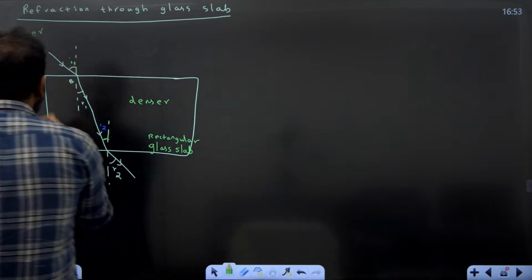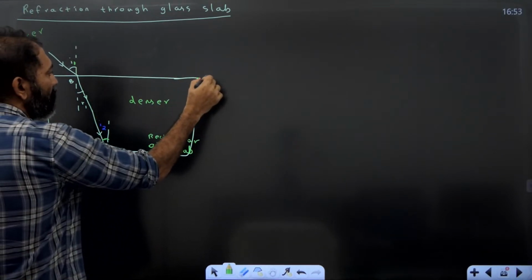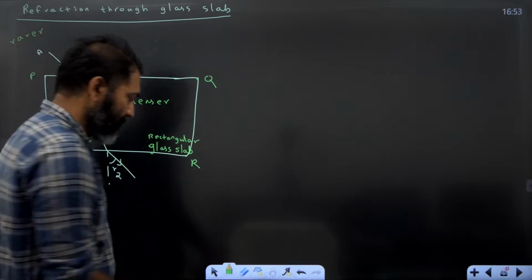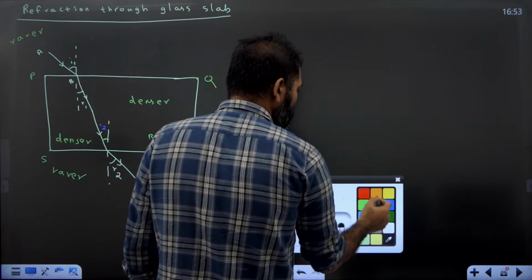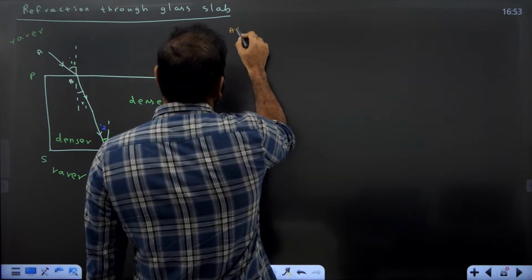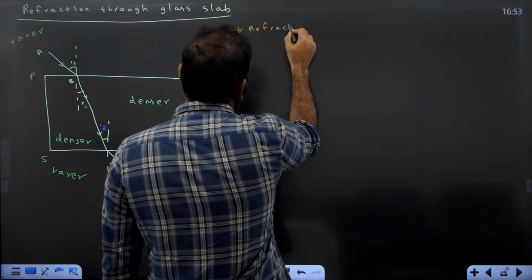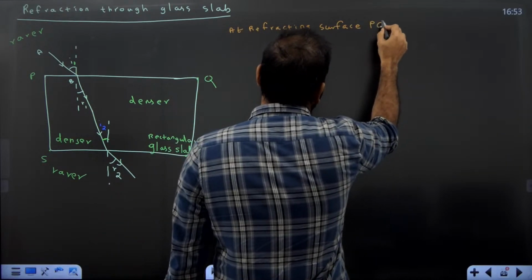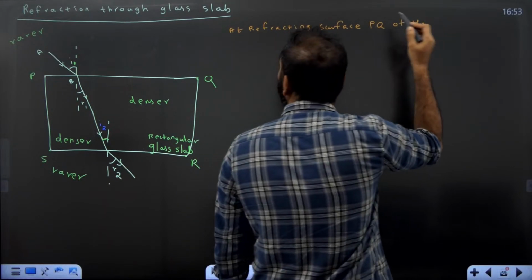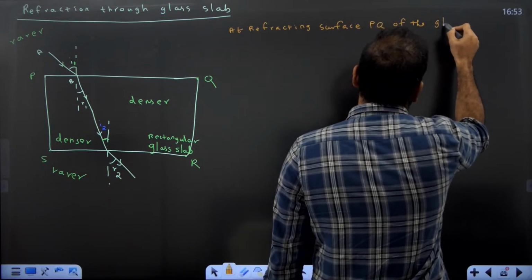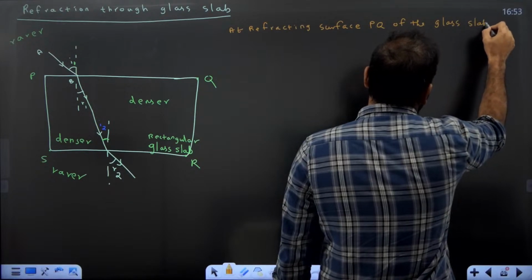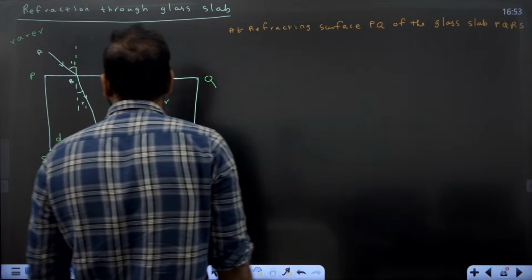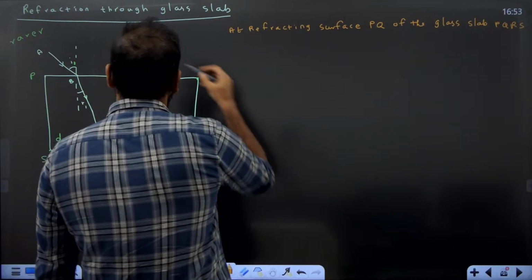Now I am marking this rectangular glass slab as PQRS. Any doubt? Now let's see. At the refracting surface PQ of the glass slab PQRS, the light is traveling from rarer to denser.